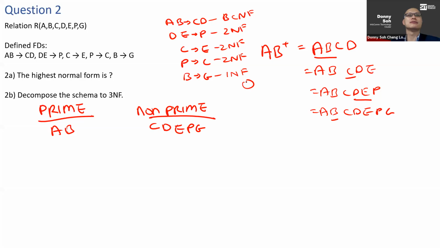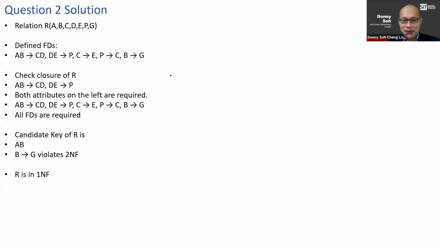So anyway, the next thing we want to do is decompose this to a 3NF. So what we do is we find out if this is the minimum cover. I think I'm going to assume that this is a minimum cover. Again, I check the solution. Is this minimum cover or not?